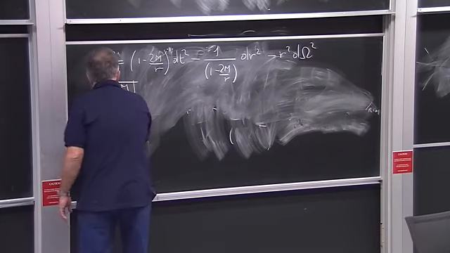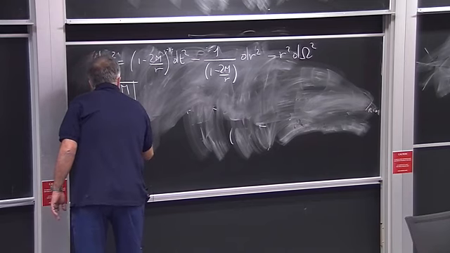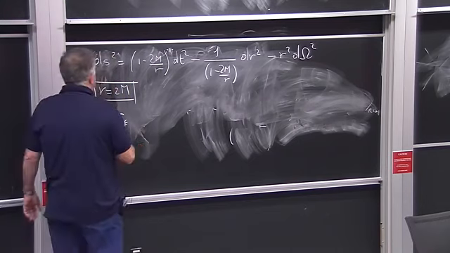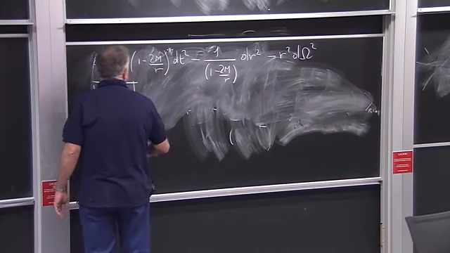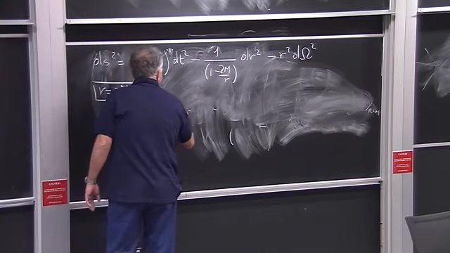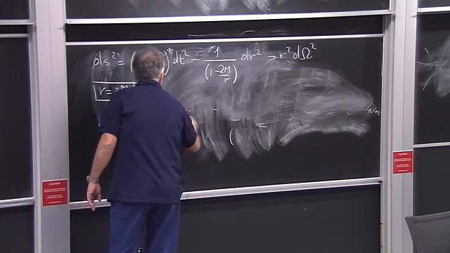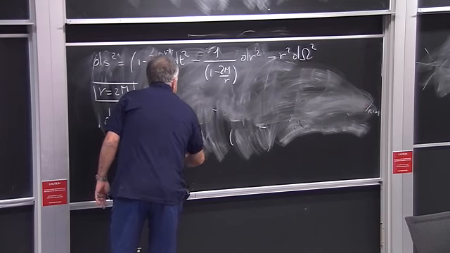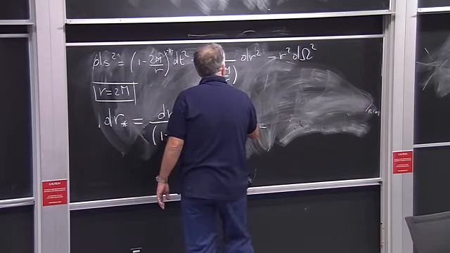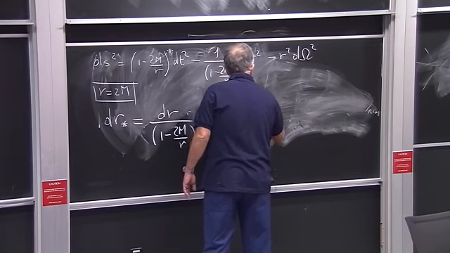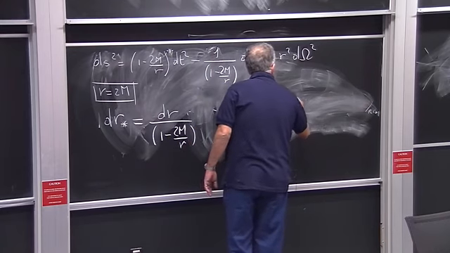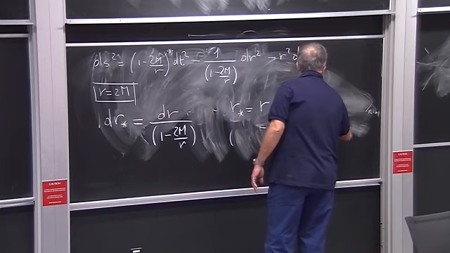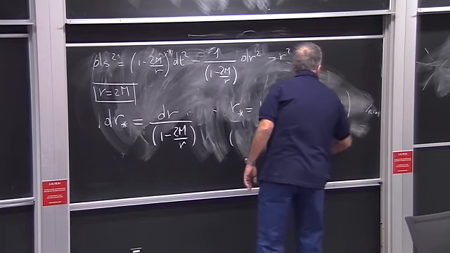The first thing you do is to introduce the tortoise coordinate, the Eddington-Finkelstein coordinate, that is defined by taking this differential element. You integrate it, and you get that the definition of r star is r plus 2m log of (r over 2m minus 1).